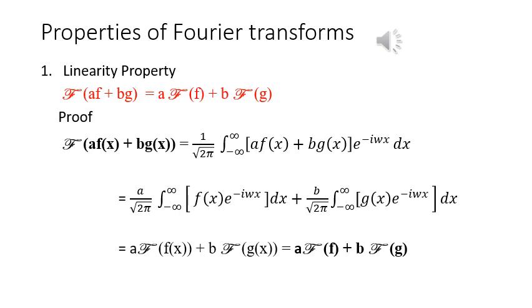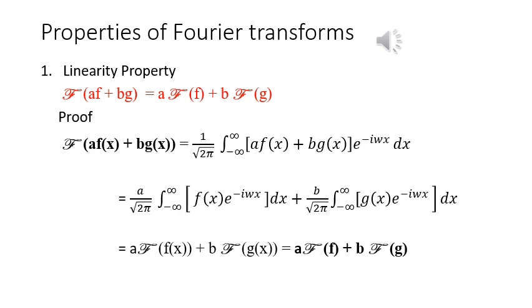That is, the Fourier transform of a f of x plus b g of x is equal to 1 by root 2 pi integral minus infinity to infinity a f of x plus b into g of x, the whole into e raised to minus i omega x dx, which is our formula of Fourier transform.